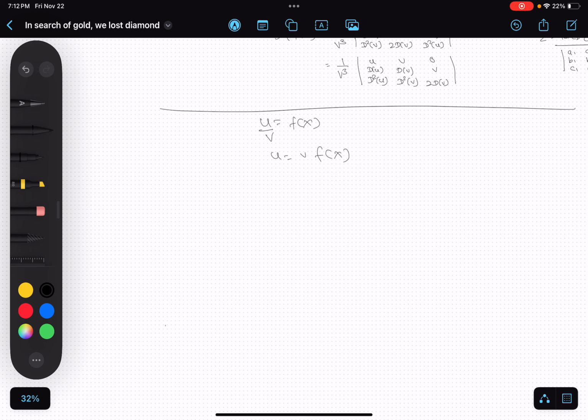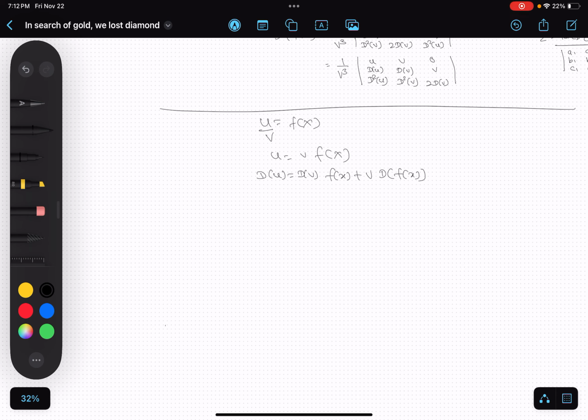And then if I just take the first derivative, this will just be derivative of u is equals to derivative of b f of x. Let me write it in a proper manner. Derivative of u is equals to derivative of b f of x plus b derivative of f of x, right?